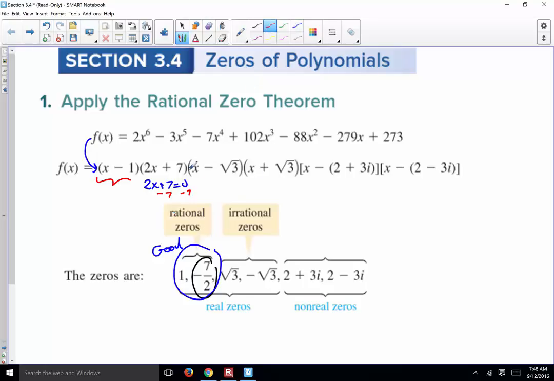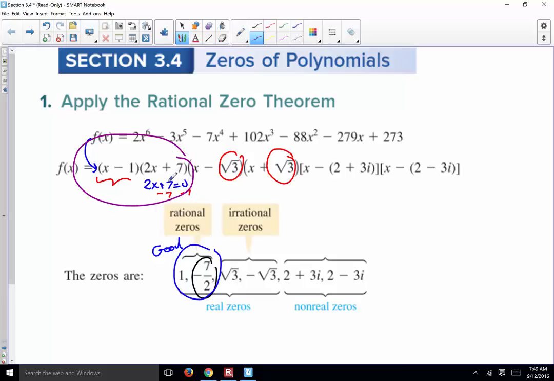Well, when it comes to square roots or complex numbers, such as negative root 3 and positive root 3, when you set them equal to 0, you get root 3 and negative root 3. These are kind of hard to obtain, so these require extra steps. But at least we are expected to find the rational zeros easily.